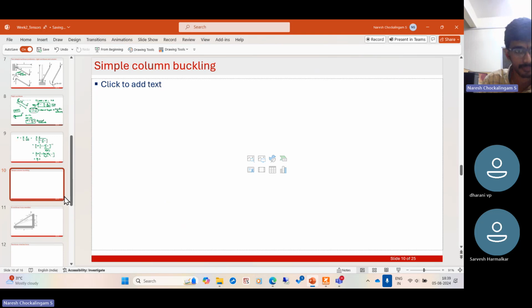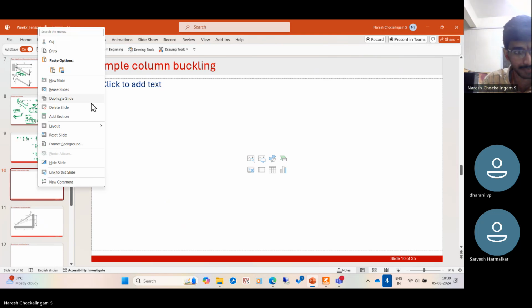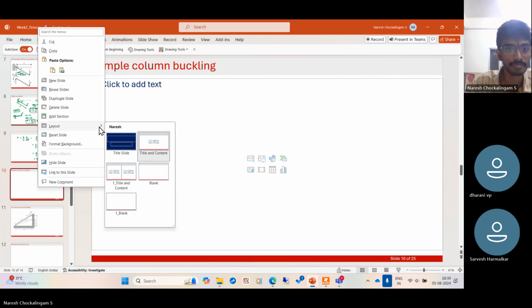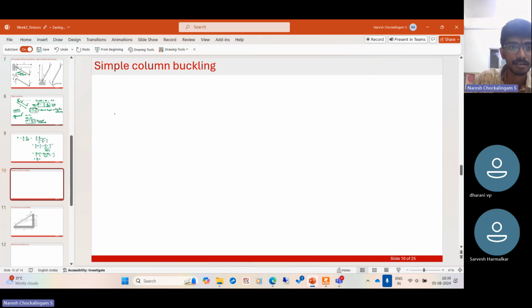So the structure initially is like this with a torsional spring of constant K. You're applying forces F here.